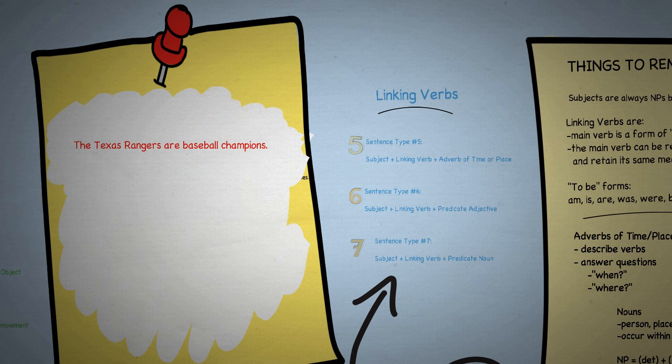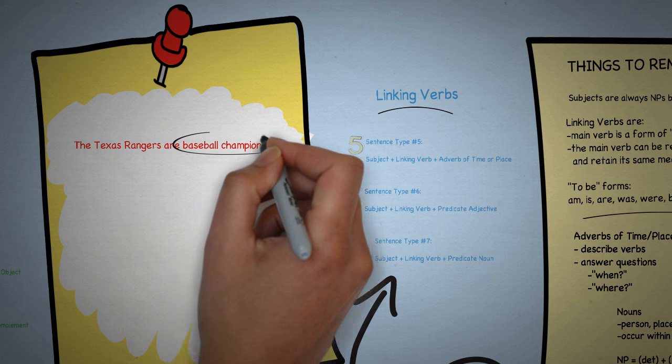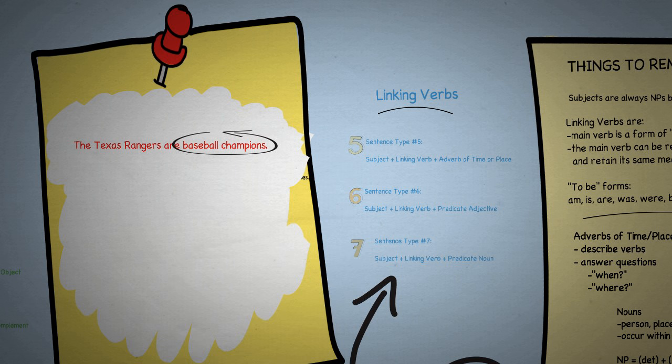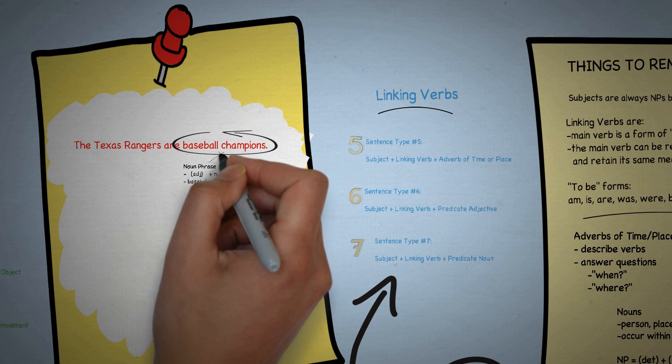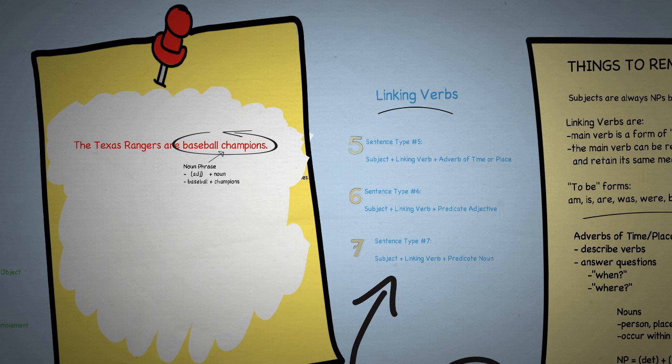Now that we know we have a linking verb, we need to look after the verb to see what is present there. And we find baseball champions. Baseball is an adjective modifying champions, but the entire thing, baseball champions, is a noun phrase.